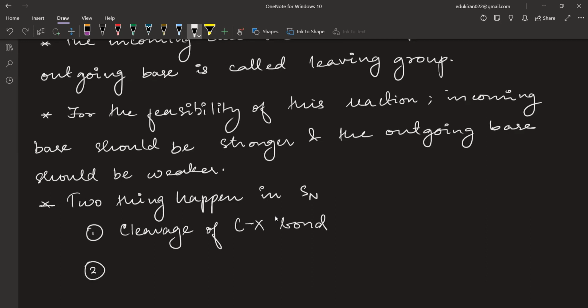Number two is formation of the carbon and nucleophile bond. So only two things are happening. Now, these two things can happen in a single step also, or in two steps. We'll look at that first. Please write this down. Let me know when you're done.